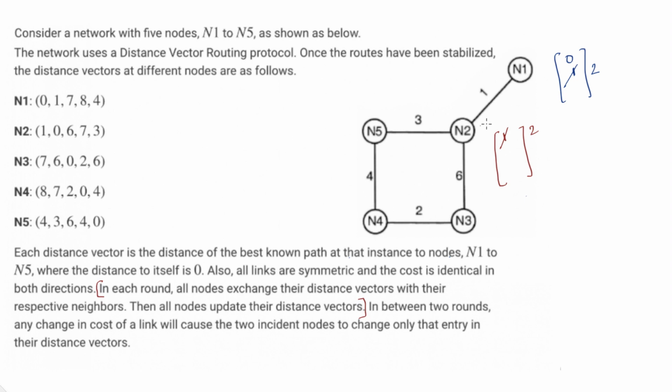The nodes n3, n4, n5 will not get to know if this one has gone to 2 or not. These nodes will get to know only after an exchange, and this is not an exchange. They have not defined this as a round. So a round is something where we are exchanging the information, and if there is a change in cost, then they will immediately update the value, and this is not a round.